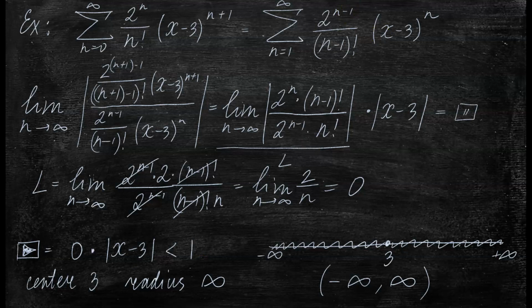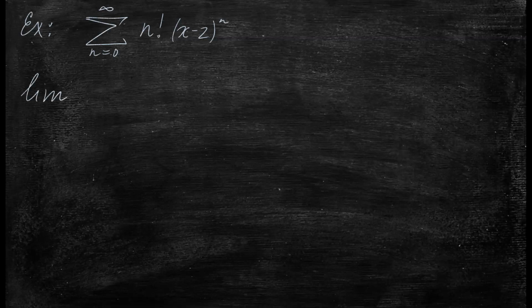All right, let's do another one. Let's find the interval of convergence of this power series. We're going to do this by setting up the ratio test. So we're going to take the n plus 1th term and divide it by the nth term.